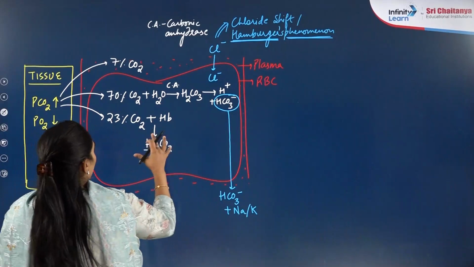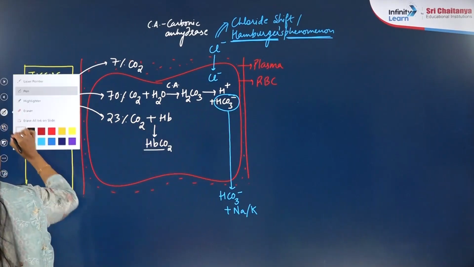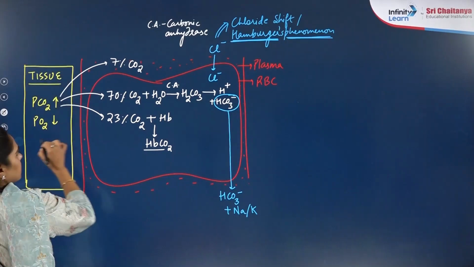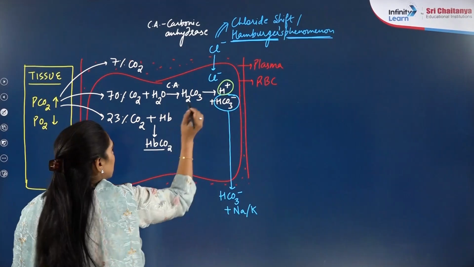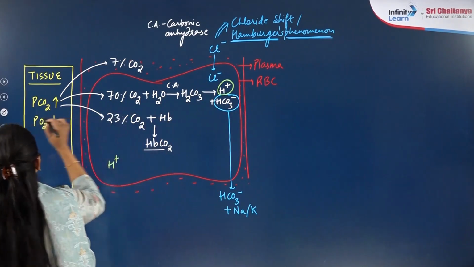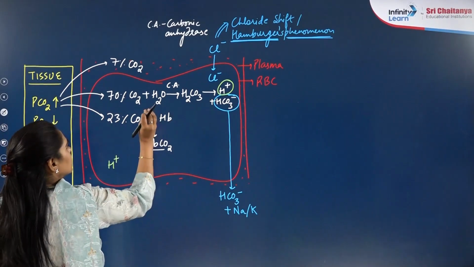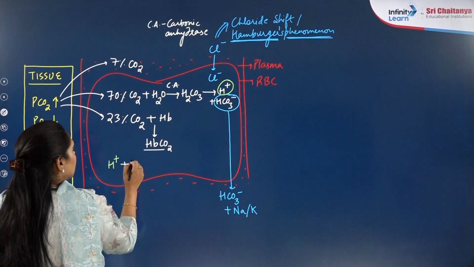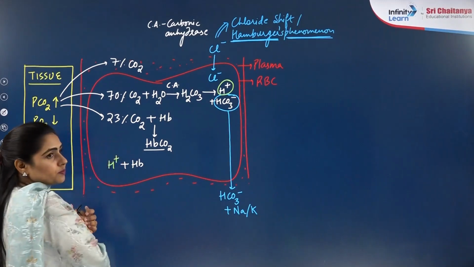Now, see, somebody is feeling lonely here. Who is that? That is this hydrogen. This hydrogen is feeling lonely here. So this hydrogen and the rest of the hemoglobin, lots and lots of hemoglobin is there inside the RBC. This hemoglobin will not let this hydrogen be present alone.